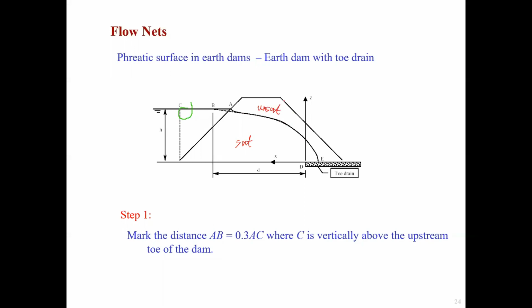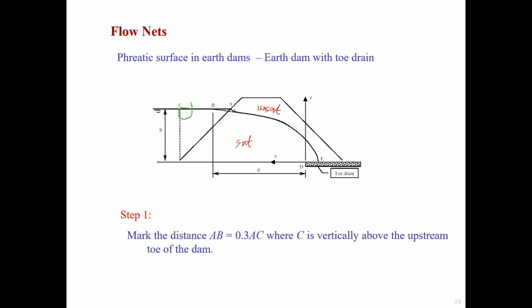Saturated soil means the void is all occupied by water, and unsaturated soil means between the soil particles, partially there is some water and partially some air. Casagrande and Cozzani suggested one approximate method to draw the phreatic surface of a dam with toe drains.